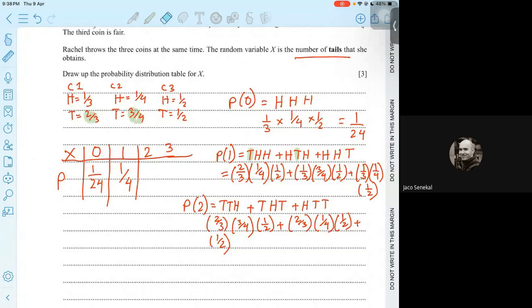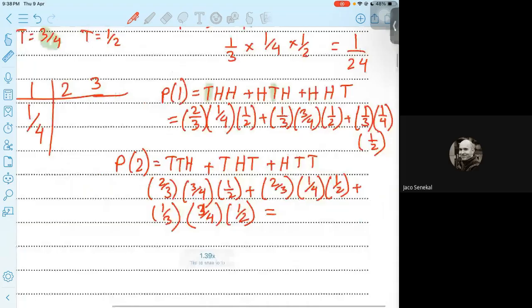And if you add all of these, you should get 11/24.